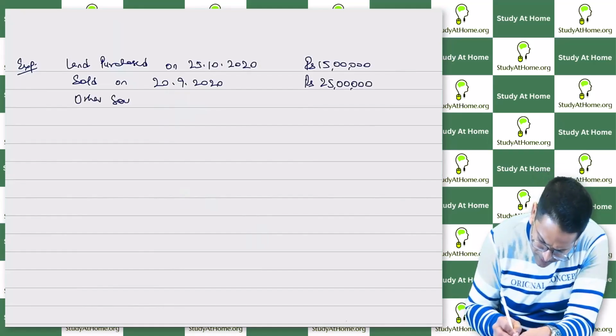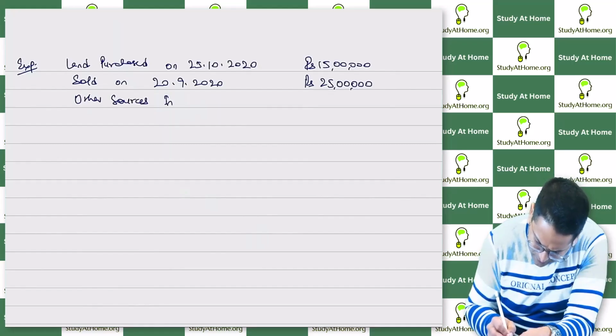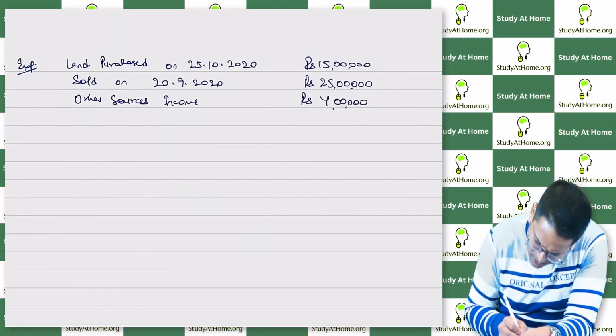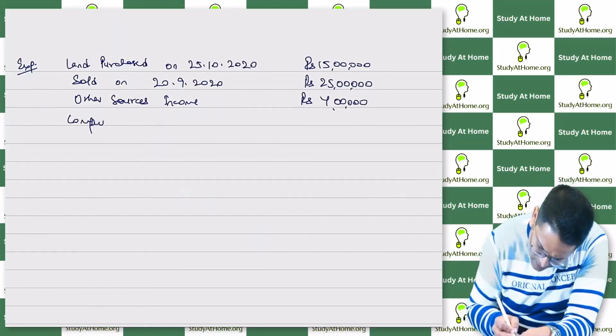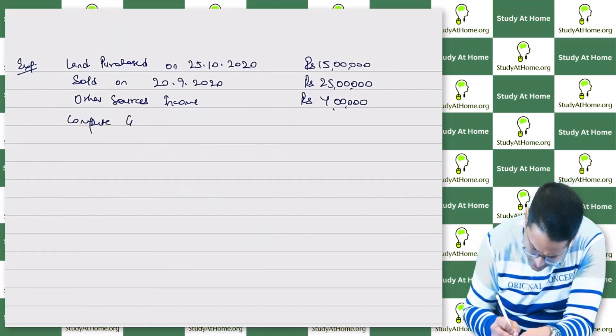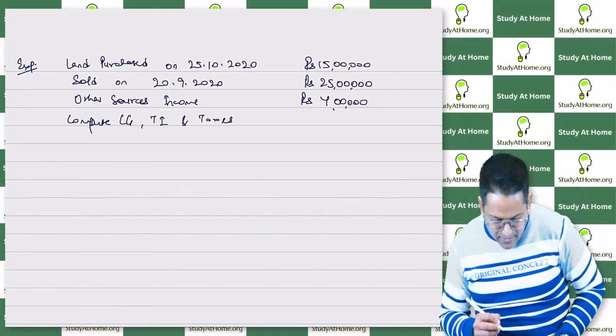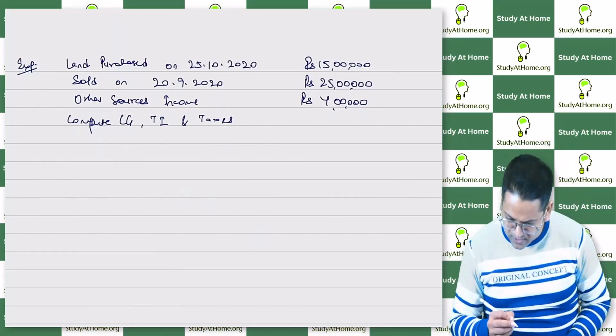Other sources income, 4 lakh rupees. Okay. Compute capital gain, total income and taxes. Calculate capital gain, calculate total income, calculate taxes. Okay, we'll do that.